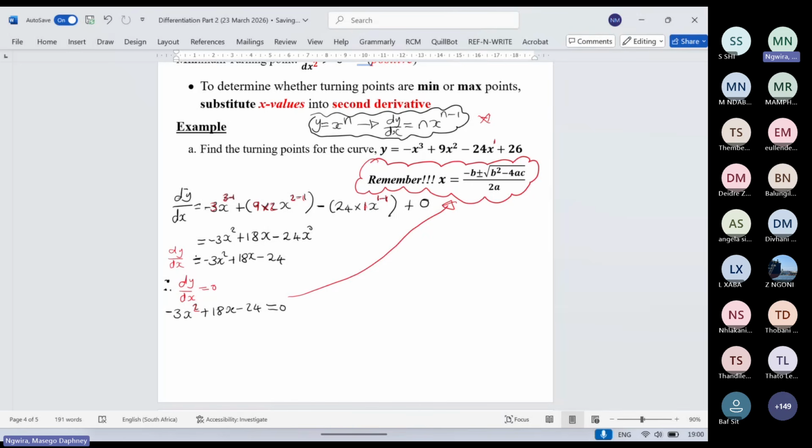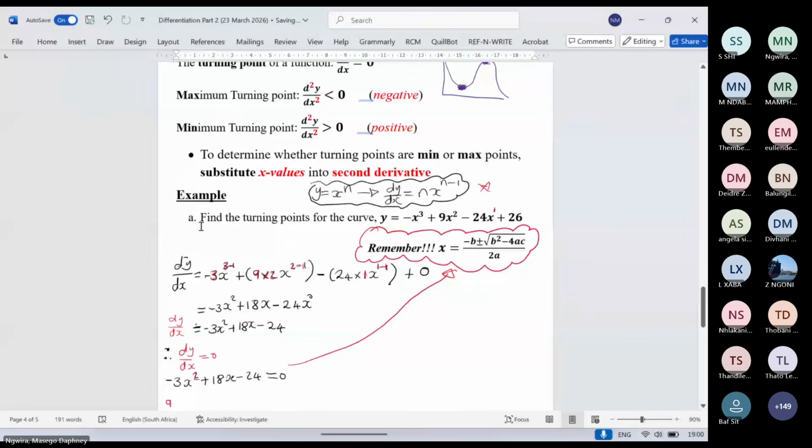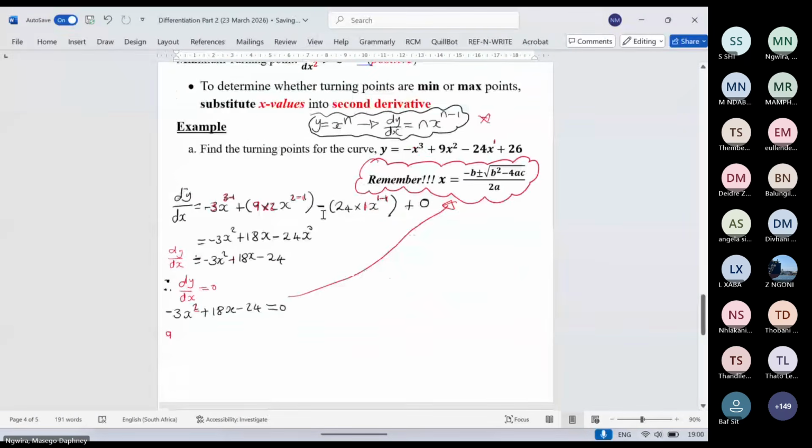When I use this formula, my a is negative 3. My b is 18. And then my c is negative 24.